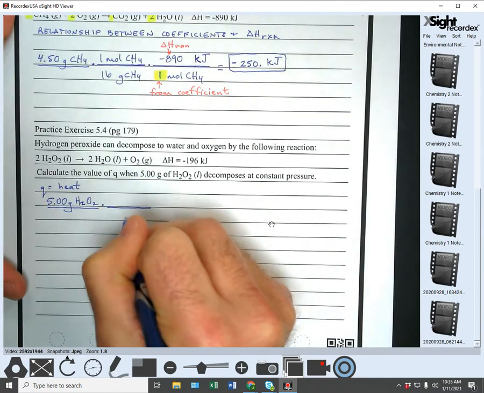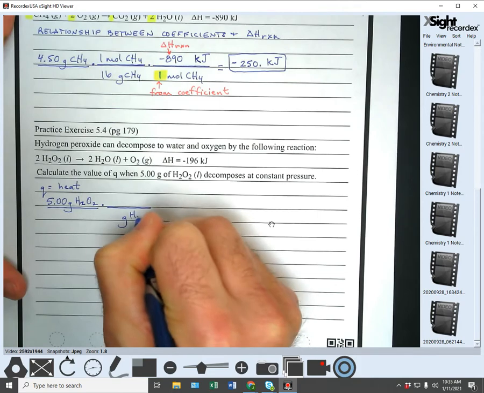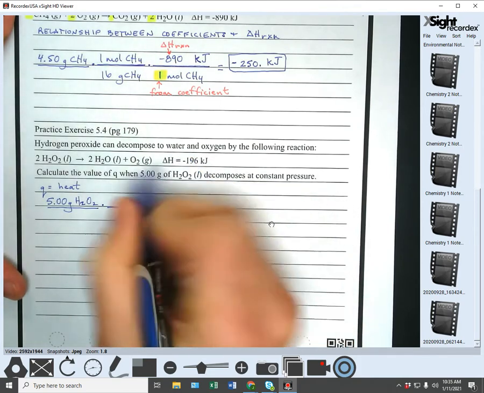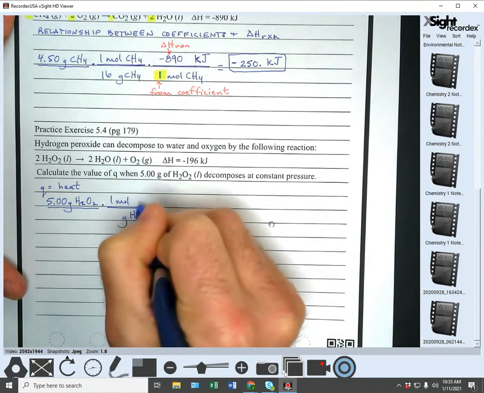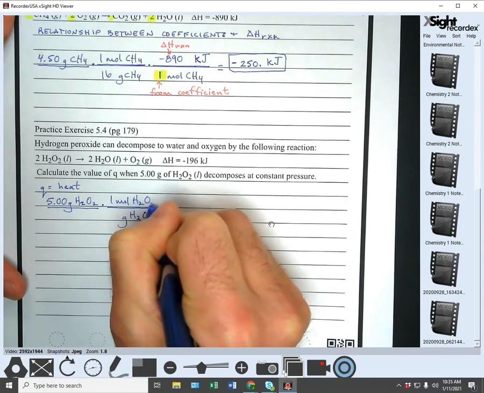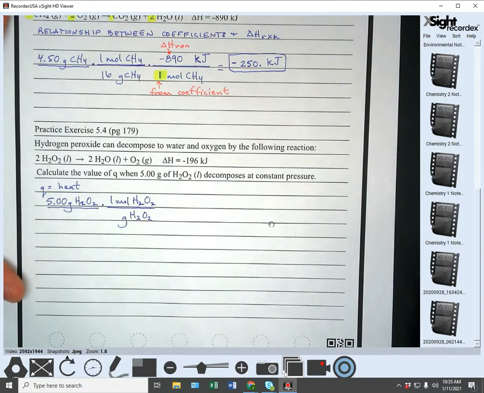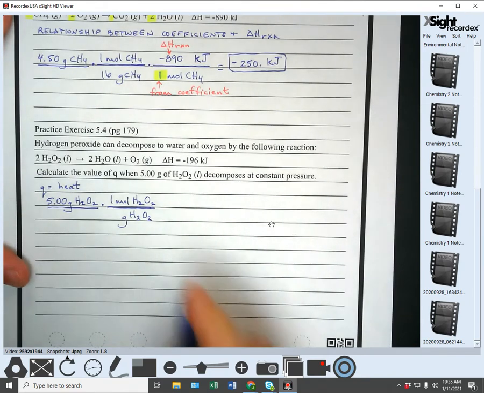We're going to go from grams H2O2 to moles, and that is 16 times 2 is 32 plus 2 is 34.